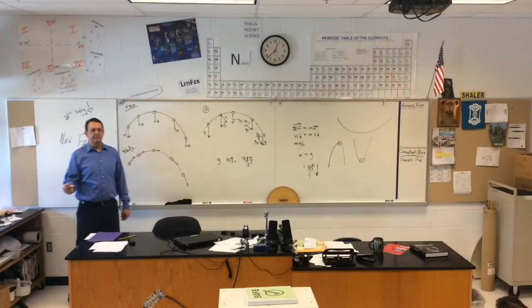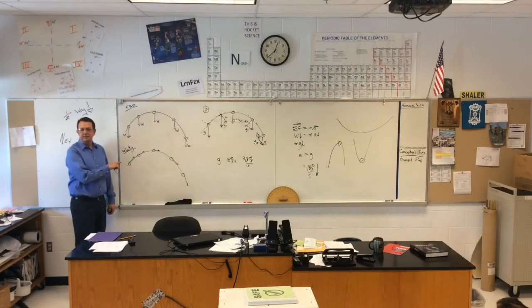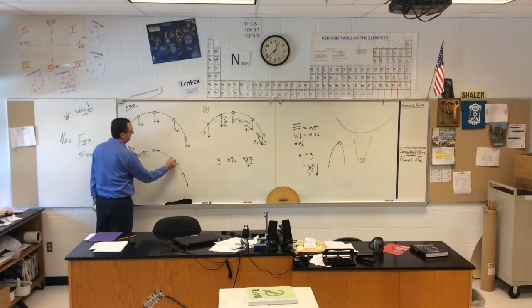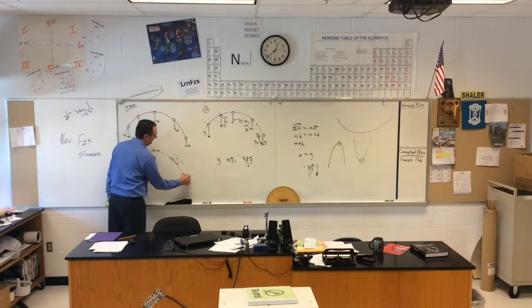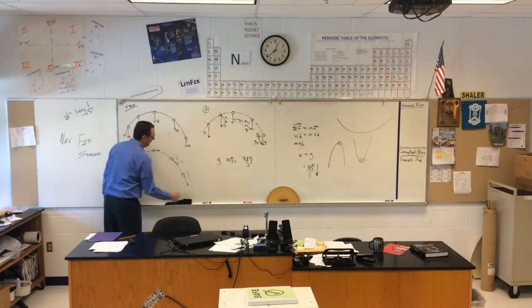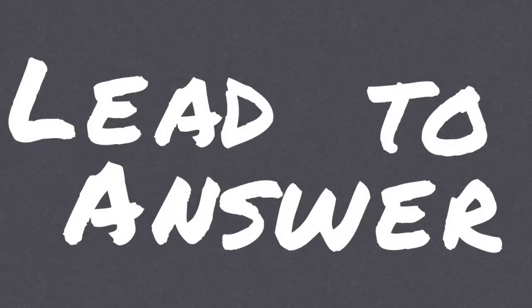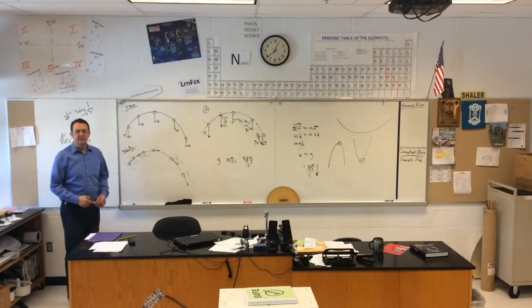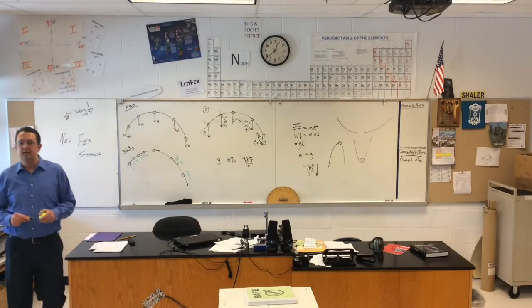Can you do the same thing that Marcus suggested and split this into its components? So here I drew the components, the x and y components. And if you know anything about vectors, the x component stays the same all the way through. It's exactly the same length arrow, and the y component changes. Okay, so what happens to the x component?